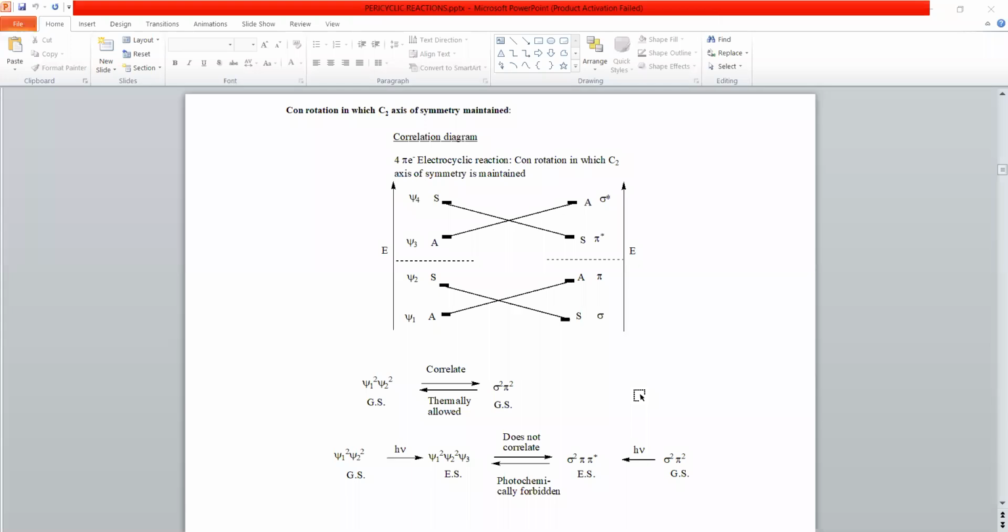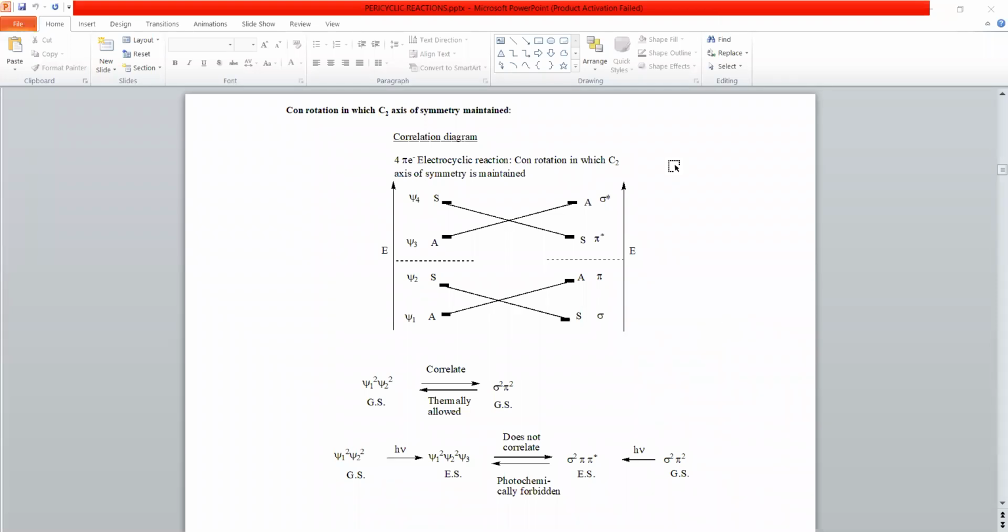So therefore, conrotation, in which the C2 axis of symmetry is maintained, is thermally allowed and photochemically forbidden. In this case, the ground state orbitals of cyclobutene, sigma square and pi square, correlate with Psi1 square and Psi2 square.